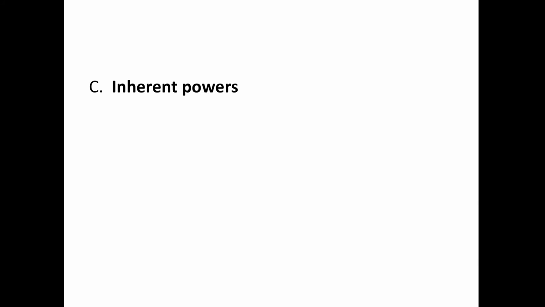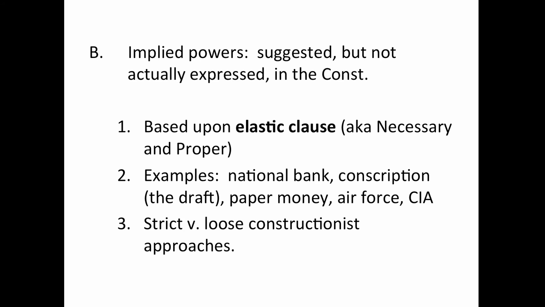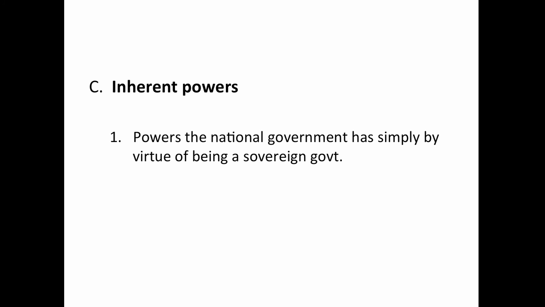Now, next we have inherent powers. Now, technically, inherent powers are different than implied powers. Technically. However, sometimes what we like to do is jumble them up with implied powers, but technically they're not. Inherent powers are powers of the national government that are basically just powers because the government is a government, because they are a sovereign government.